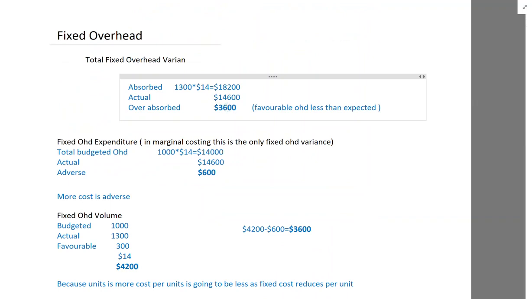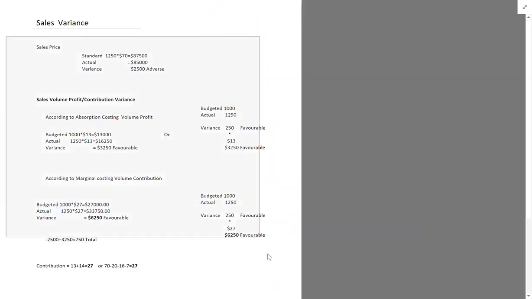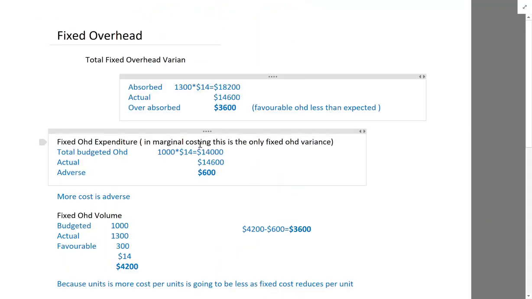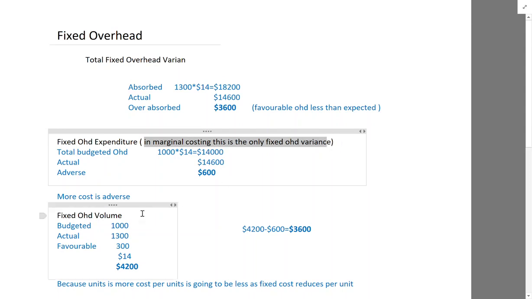Okay. Next is sales volume. Remember, in marginal costing, this is the only variable fixed overheads that exists. Okay. Marginal costing doesn't believe in fixed cost per unit. It only believes in fixed cost in total. Okay.